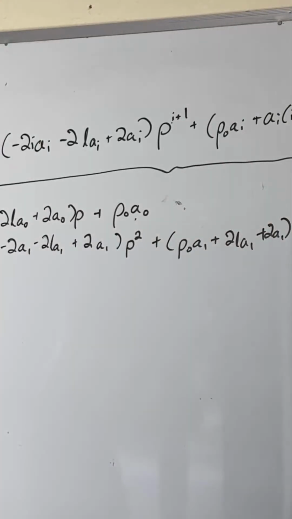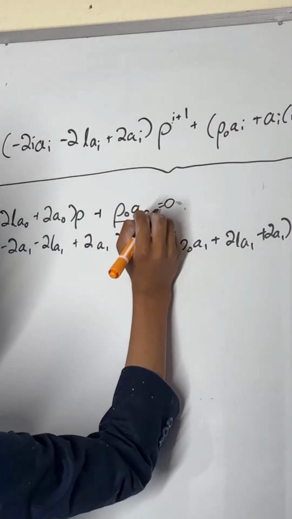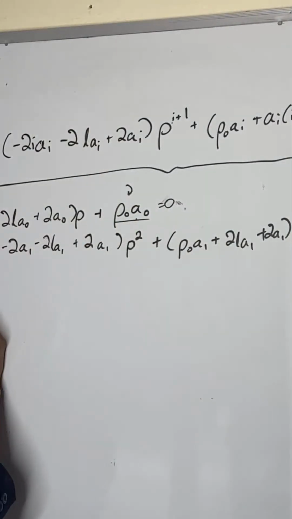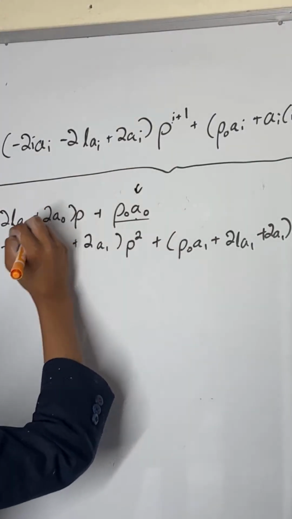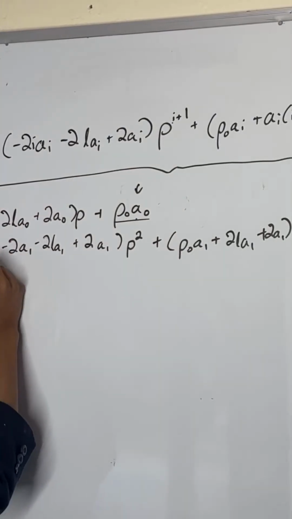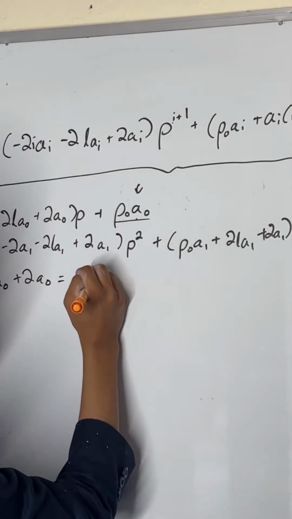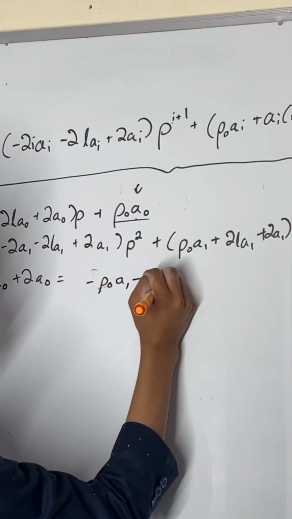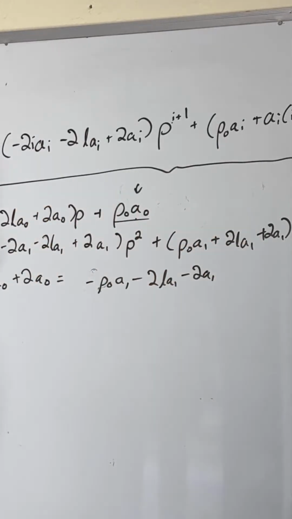Now consider that rho naught A naught has to be equal to 0. So something has to be up with this guy. Then, oh wait, so this can be a constant. But now consider that minus 2L A naught plus 2A naught has to be equal to minus rho naught A1 minus 2L A1 minus 2A1, since these two have to cancel out.